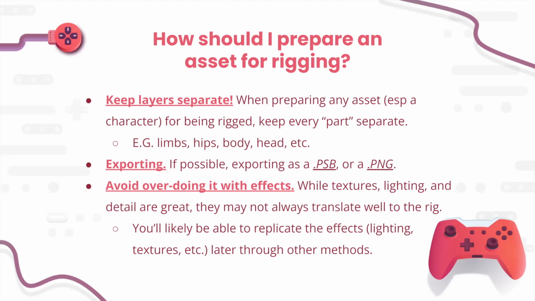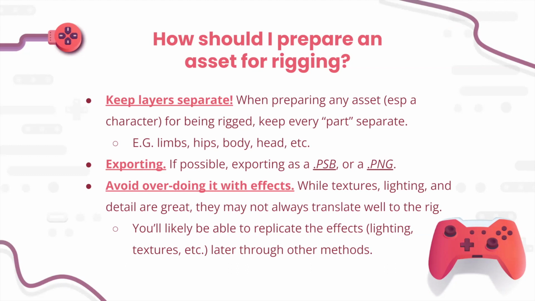And the last tip, this is not a hard rule or anything, but I would definitely avoid overdoing it with effects. While things like textures, lighting, details, and shading, all these little things you want to put on clothing or whatever, are great, they might not always translate well to the rig, because when you're working with a rig, the computer is going to do a lot of stuff with your original sprite. So I would try to avoid too many details.